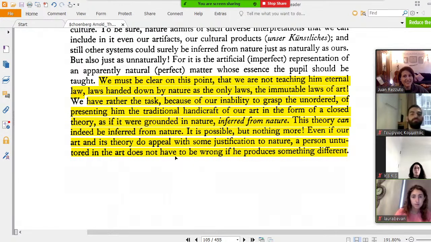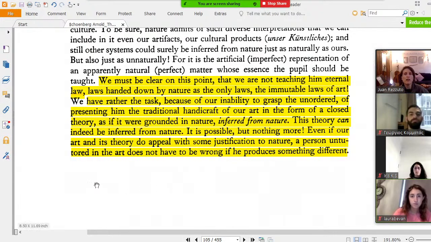This theory can indeed be inferred from nature, because of the theory of overtones, we already know. That's why they need preparation, because the nature of our ears, of perception, can handle the higher overtones. That's why we need to prepare them. It is possible, but nothing more.